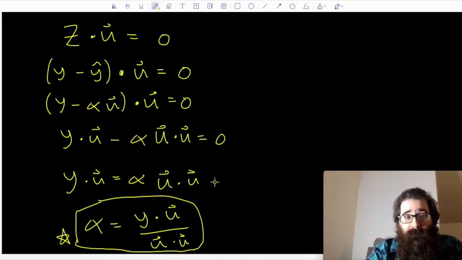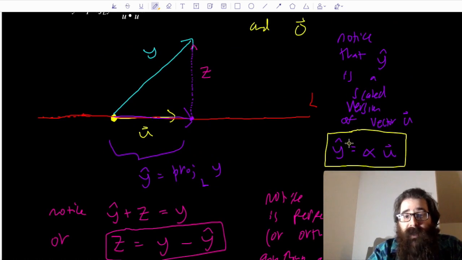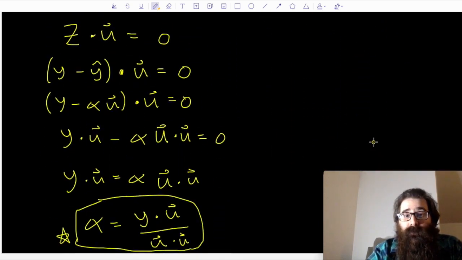But why do I care about that? Well, we said that we want to find this projection, y hat, and that y hat is just a scaled version of the given vector u, but now I know what that scalar looks like.